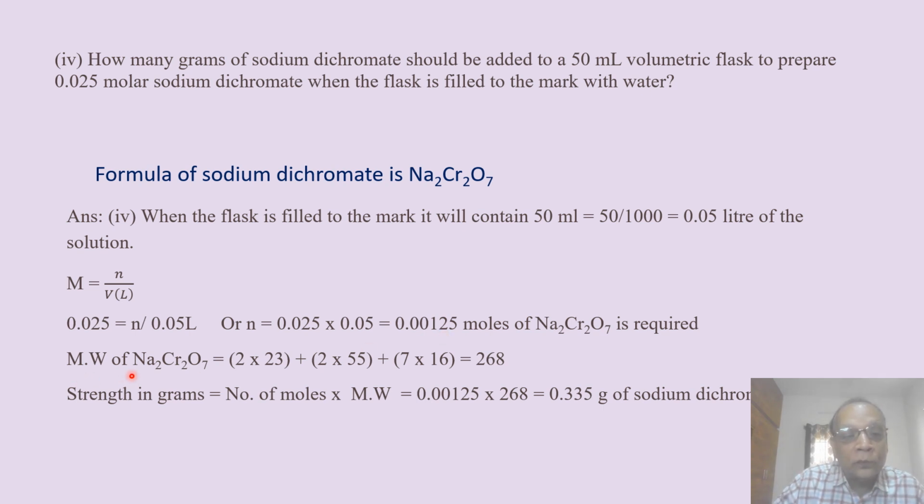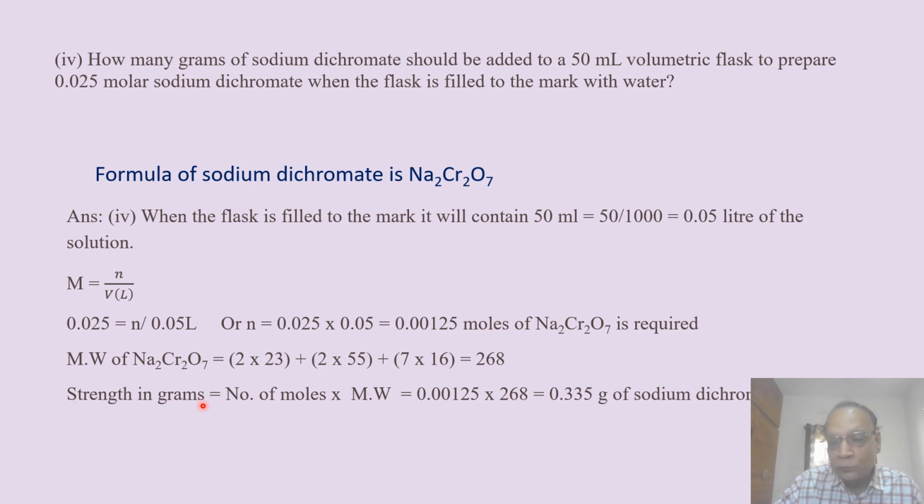The molecular weight of Na2Cr2O7 is 2 into 23, where 23 is the atomic weight of sodium, plus 2 into 55, where 55 is taken as the atomic weight of chromium, plus 16, the atomic weight of oxygen, into 7, and the addition yields 268 gram per mole of Na2Cr2O7, or sodium dichromate.